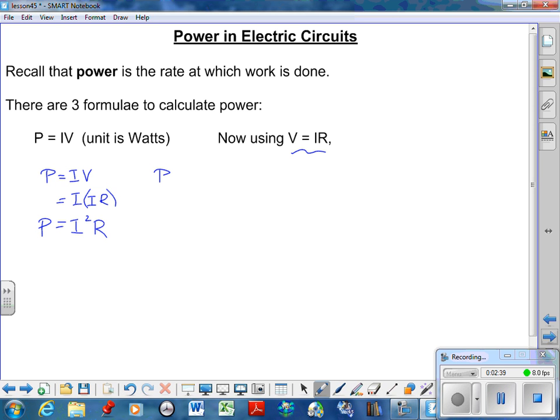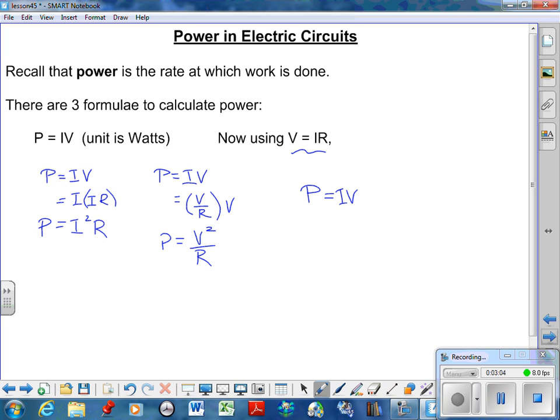If I go back to the drawing board here, P equals IV, and I replace the I value, which would be V over R. So V over R multiplied by my V, I would now have power equals your voltage squared over resistance. So there are the three derivations. Like I said before, they're kind of all the same.